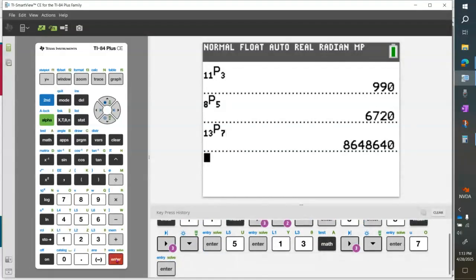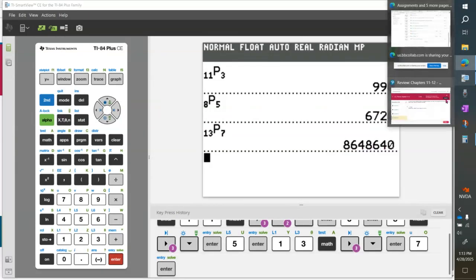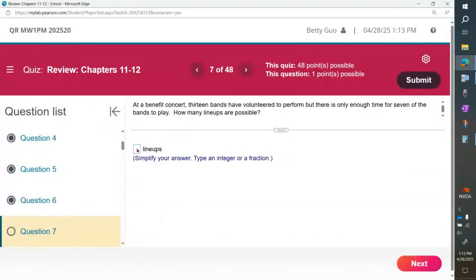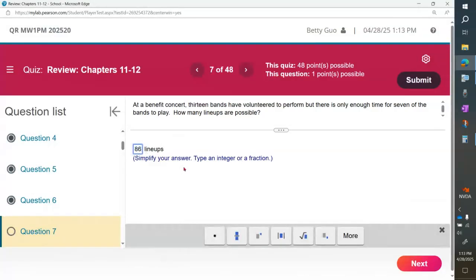It's a very large number: 8,648,640. It actually has a pattern, 864, 864.